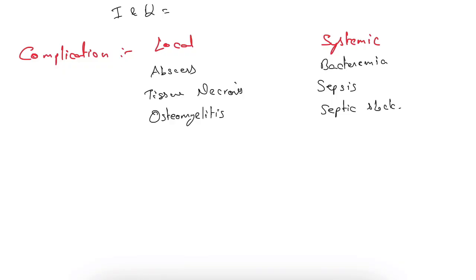So at last, from your exam point of view, I am repeating the high yield points. The most common organism for cellulitis is Streptococcus pyogenes, and MRSA causes purulent cellulitis. In ultrasound we can see a cobblestone appearance, and erysipelas has raised, sharply demarcated borders. Pain out of proportion means we have to suspect necrotizing fasciitis.